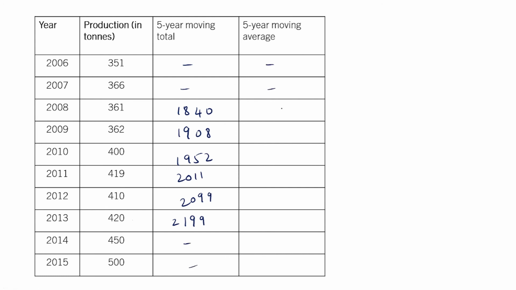And the 5-year moving average will be 1840 by 5, 368, 1908 by 5, 381.6, 1952 by 5, 390.4, 2011 by 5, 402.2, then 2099 by 5, 419.8, 2199 by 5, 439.8.